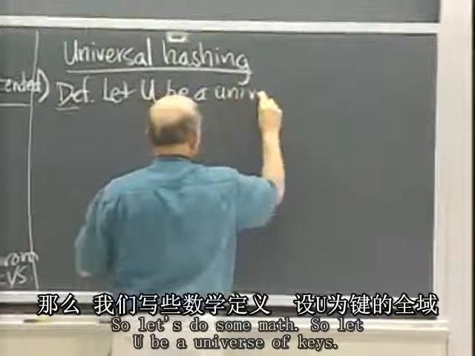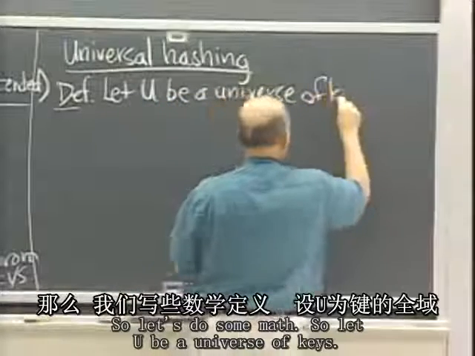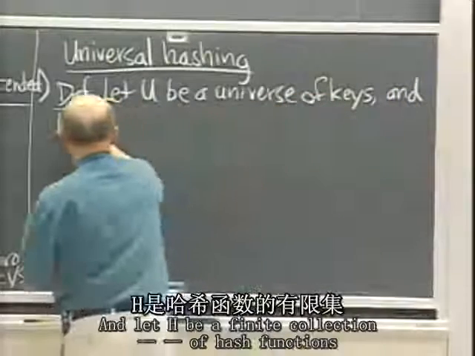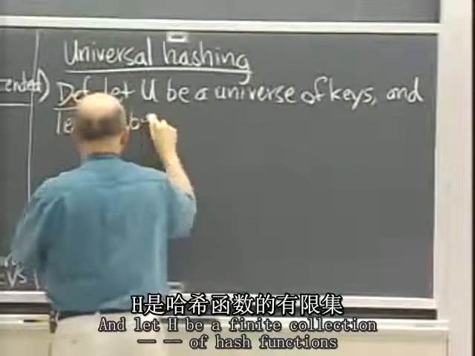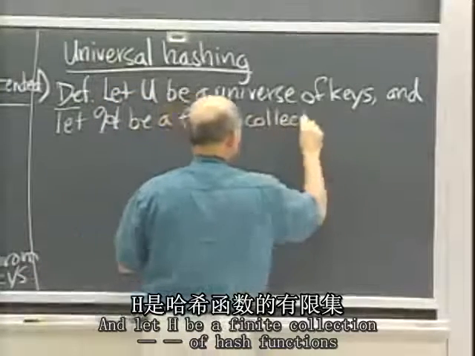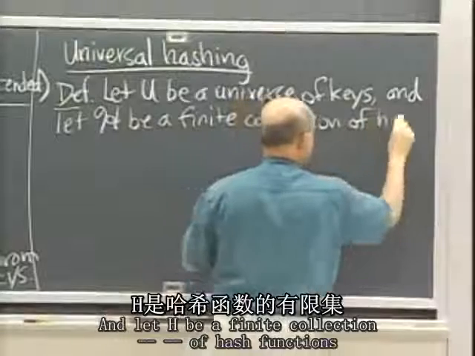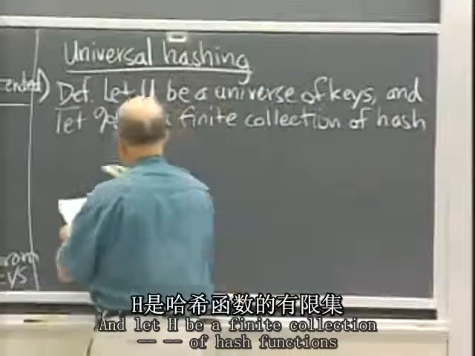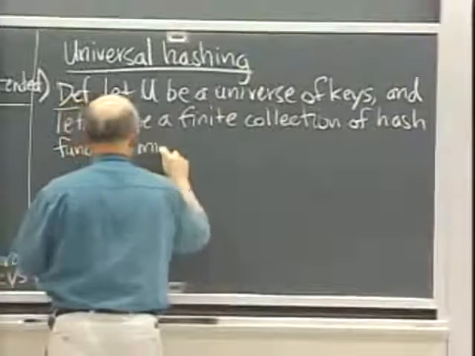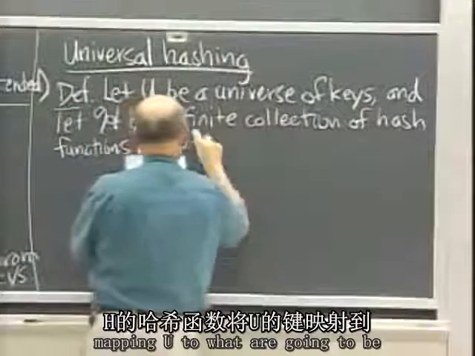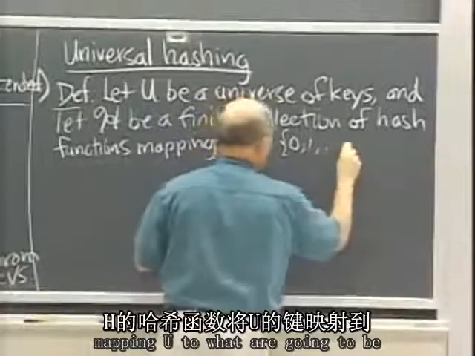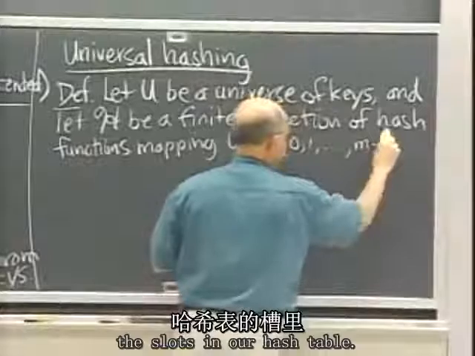Let U be a universe of keys, and let H be a finite collection of hash functions mapping U to what are going to be the slots in our hash table.